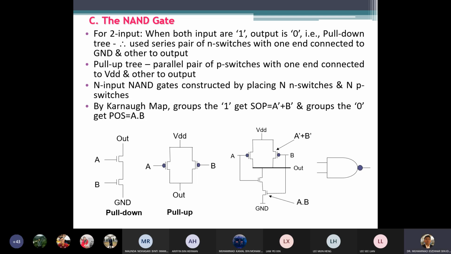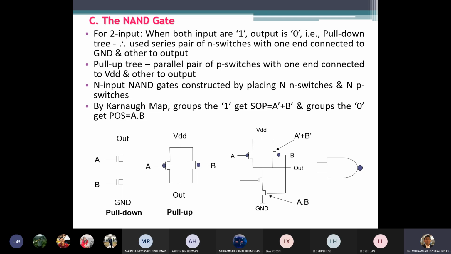So in this case, as a conclusion, a two-input NAND gate is constructed by placing N switches and P switches connected like this lah in this slide. If you learn about K-map before, Karnaugh map, you boleh group the ones and you can get sum of product, SOP, of A bar plus B bar.